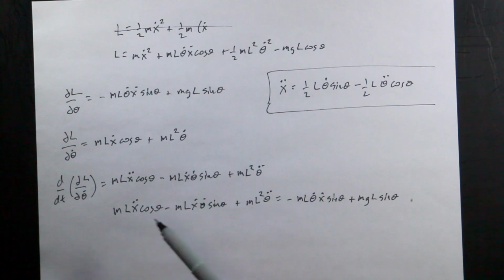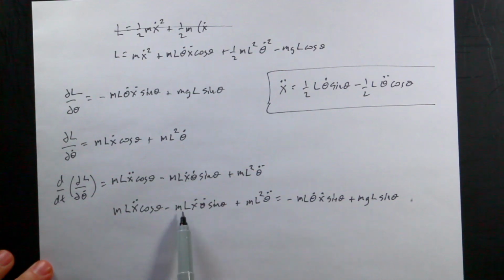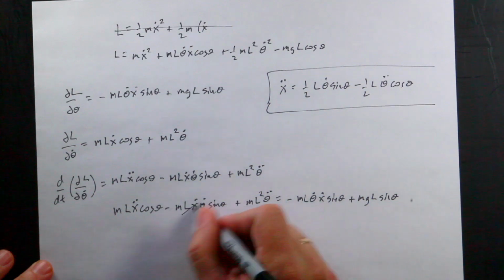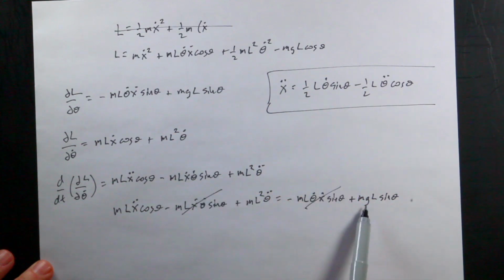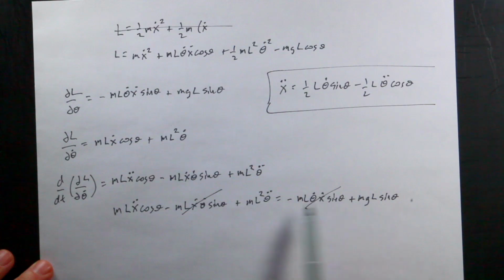And so I have two equations, two unknowns, and it looks messy. Okay, so let's see if there's anything that combines together. Here I have an m L x dot. Oh, here's one. So that cancels. That's kind of cool. So it's not so bad.